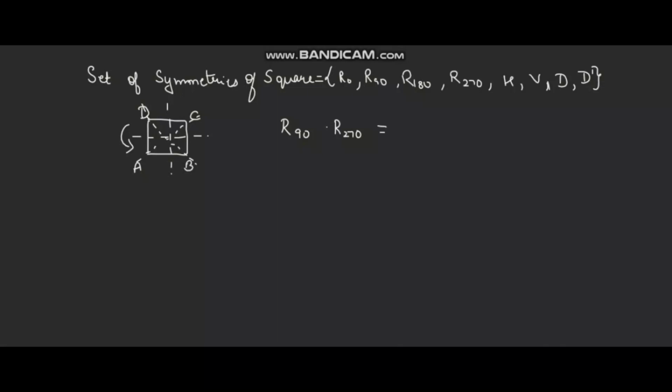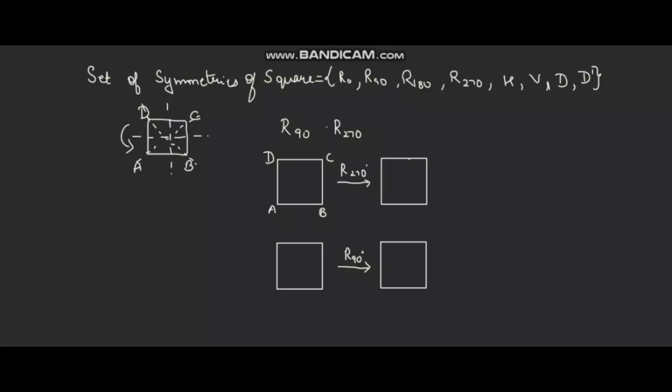Let us see what we get. So rotating the square by 270 degrees will give us the orientation ABCD will become BCDA. Okay, so we'll get this orientation after we rotate this square by 270 degrees in anti-clockwise direction.